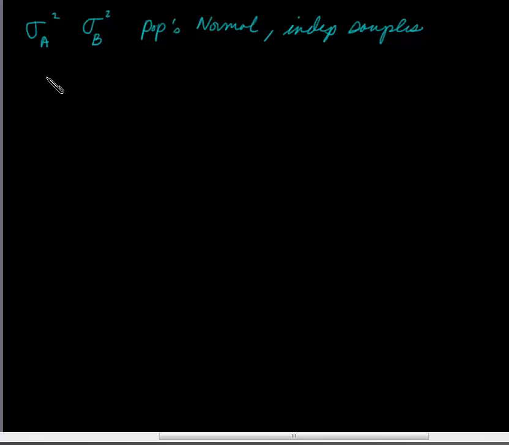A hypothesis might be that the variance for women's blood pressure and men's blood pressure are not the same. So we might be talking about sigma squared W for women not equal to sigma squared M for men, or we might be talking about equal, or one greater than the other.